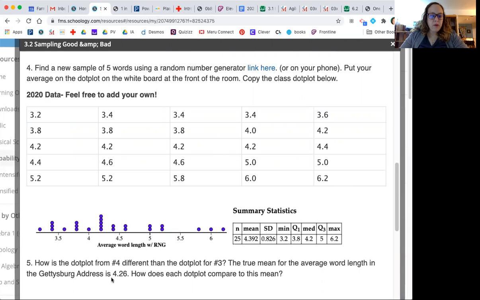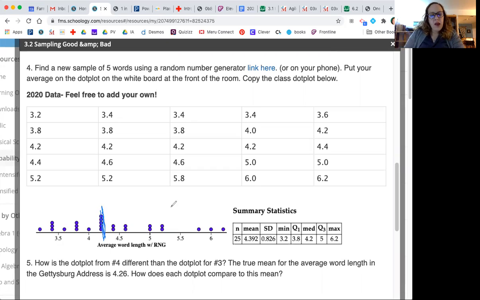So remember that the true mean of the Gettysburg Address is 4.26. So that falls right here.